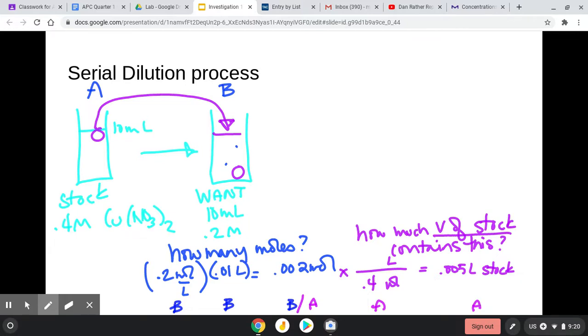Notice how my molarity, my volume, and my moles all agree with what they are referring to. So this is the process for a serial dilution.